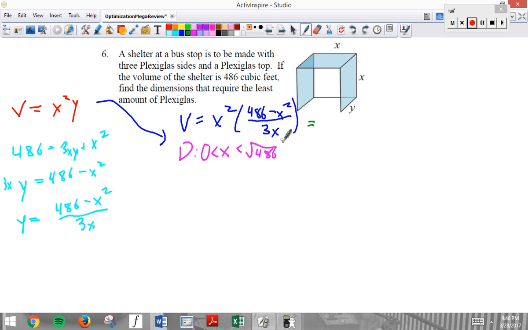So what's 486 divided by 3? 162? No. Minus x cubed over 3.